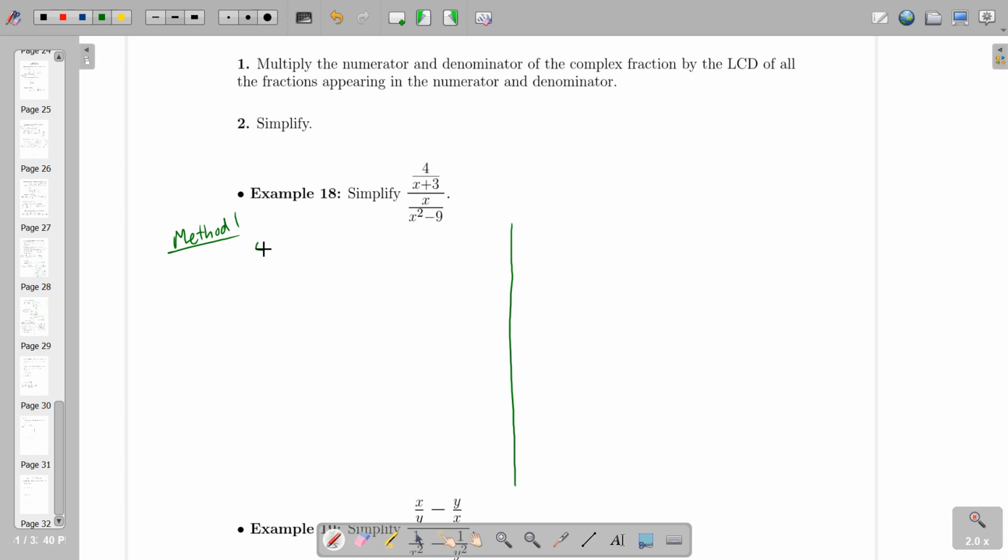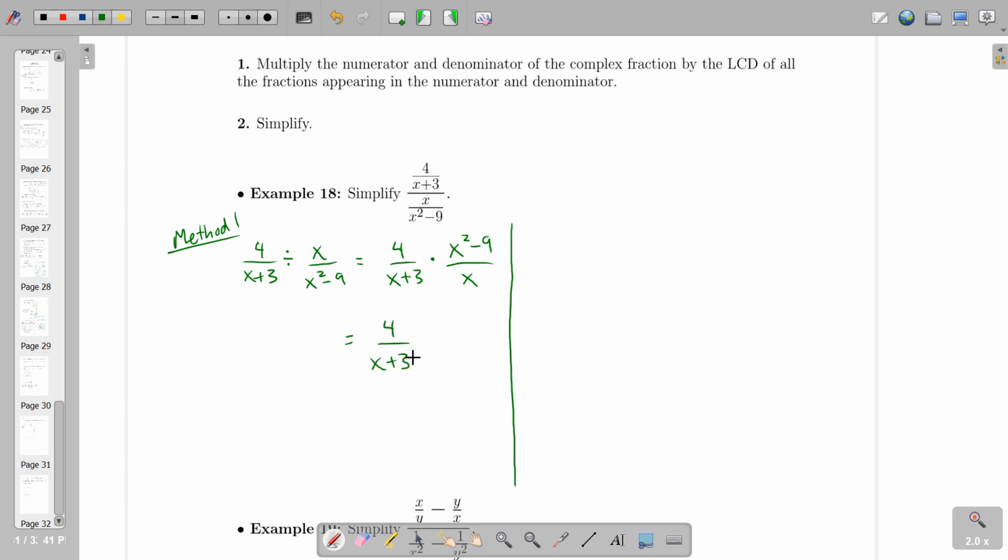But what we should have is 4 over x plus 3 divided by x over x squared minus 9. But that's going to be the same as 4 over x plus 3 times x squared minus 9 over x. Now, we know that in order to do any kind of canceling, everything has to be factored, right?